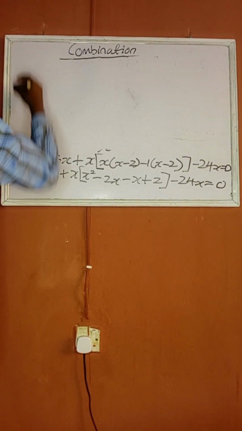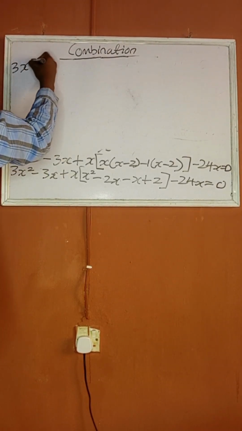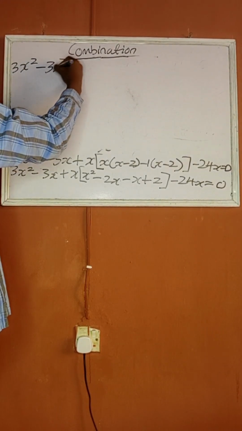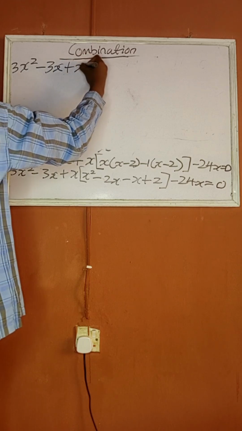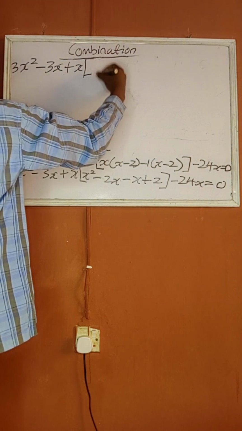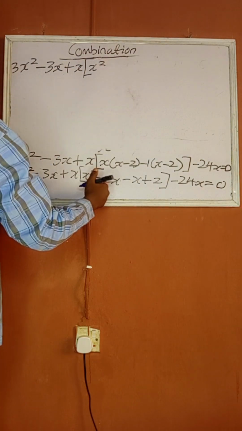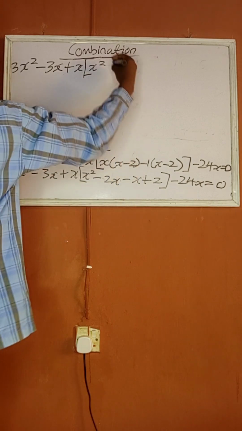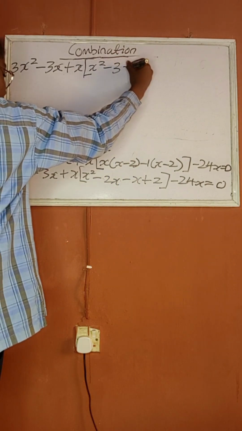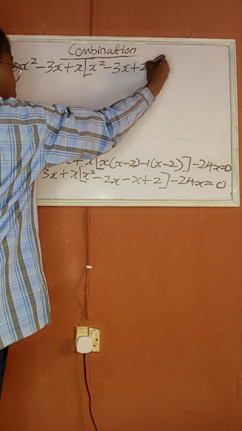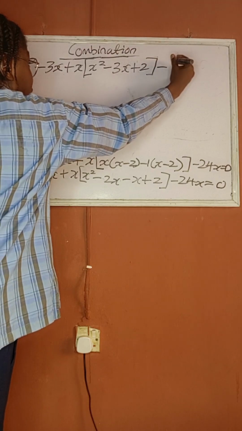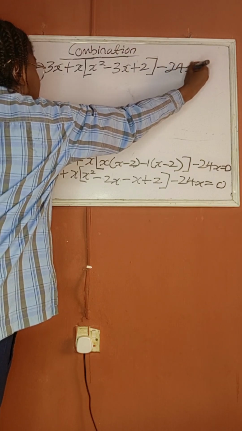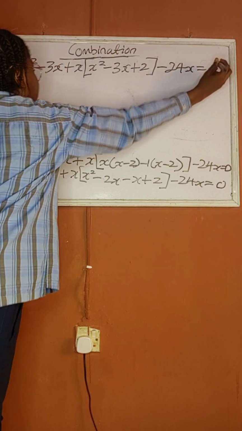So that's going to be 3x squared minus 3x plus x, open your special brackets, x squared minus 2x minus x is going to be minus 3x plus 2, minus 24x is equal to 0.